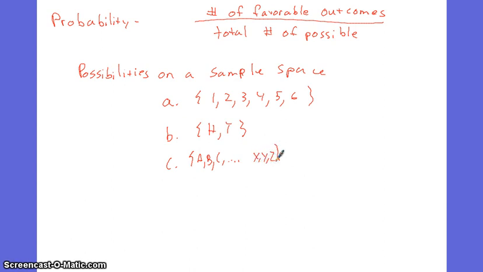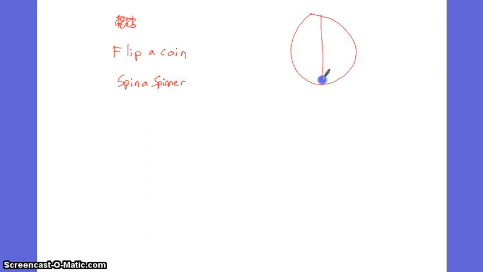Now, you can make your sample space a little more complicated. What if you flip a coin and spin a spinner? Here's your spinner. What are your possible outcomes?